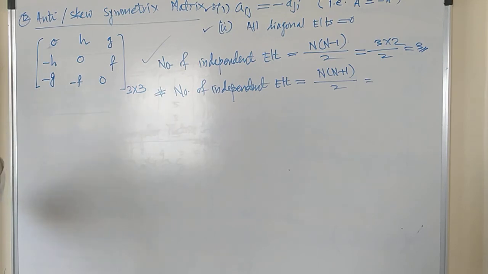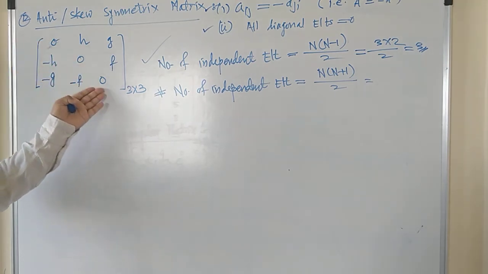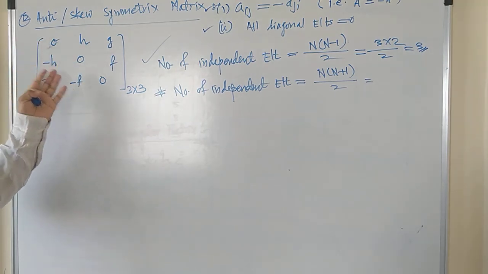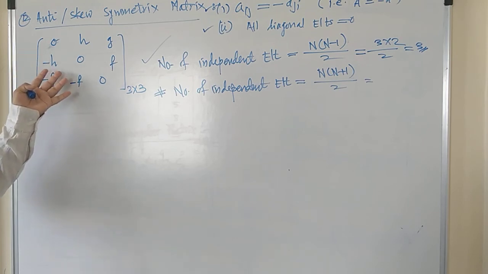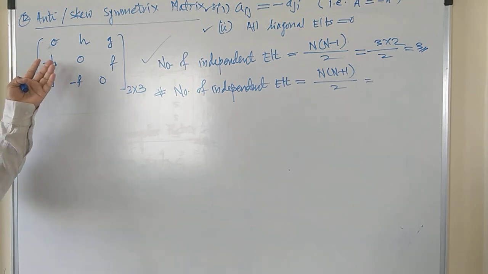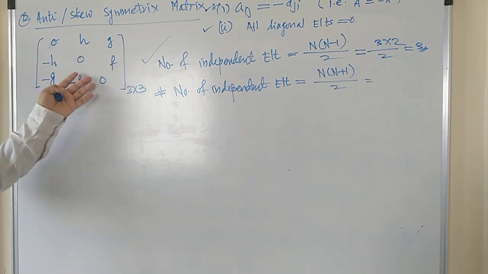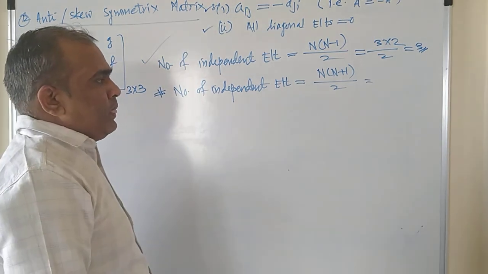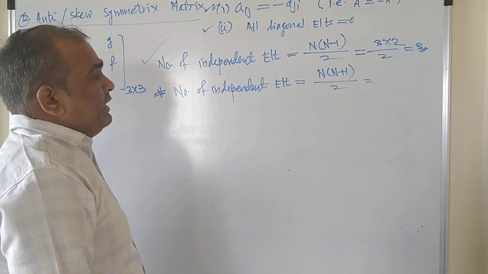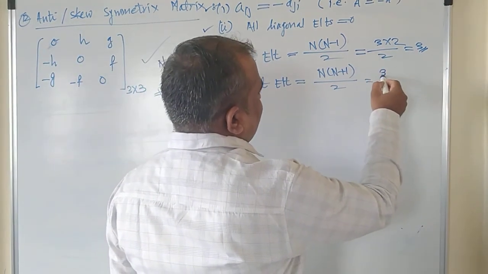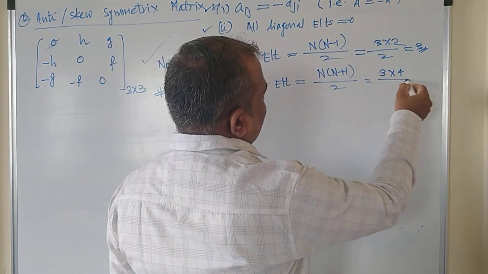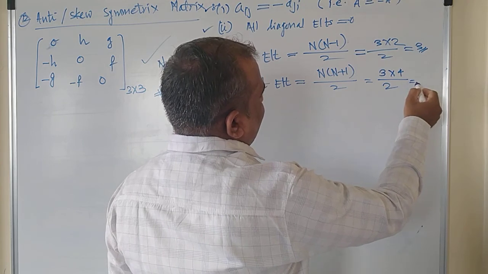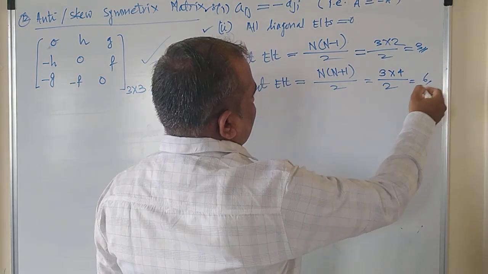These elements may be anything, negative or non-negative. So the number of independent elements in case of symmetric matrices is equal to this. You can calculate 3 into 3 plus 1, that is 4, by 2, which will be equal to 6.